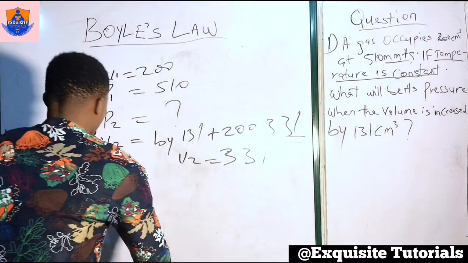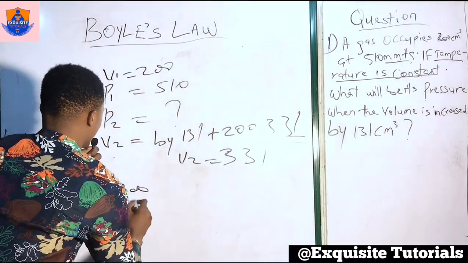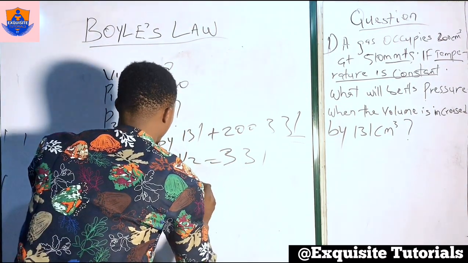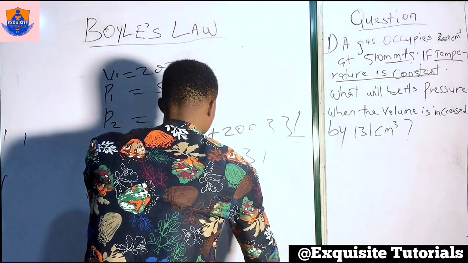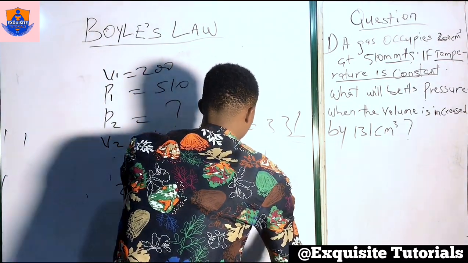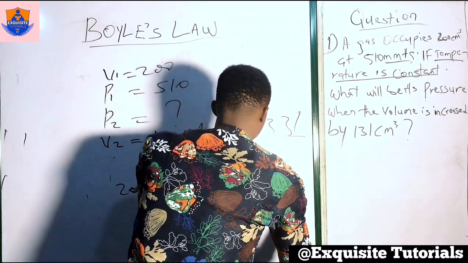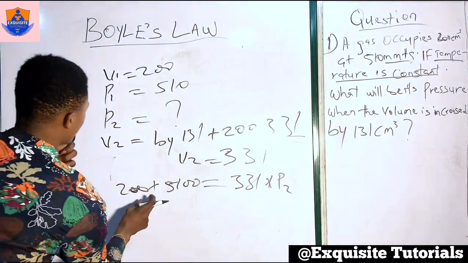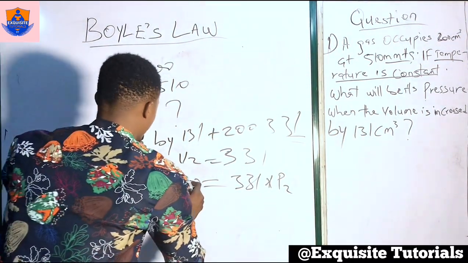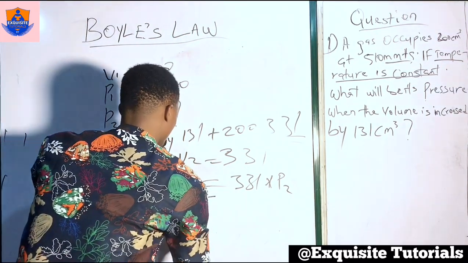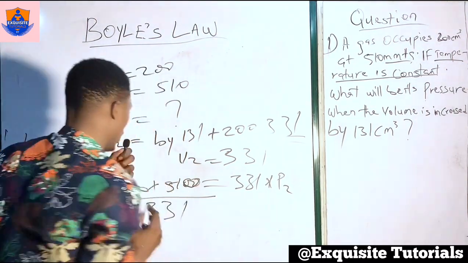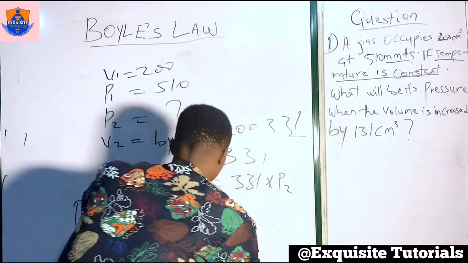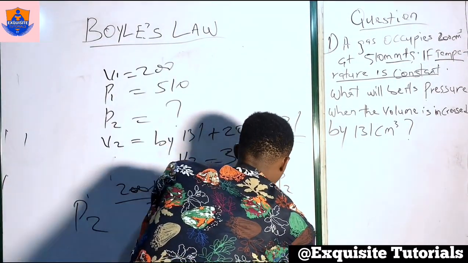Now, let's solve. We have 200 times 510 is equal to 331 times P2, which is to say that P2 is equal to 200 times 510 all over 331, which will give us 308.